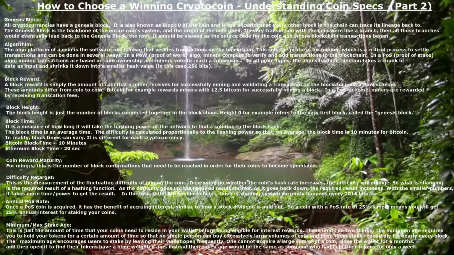The last technical spec that I wanted to mention in how to choose a winning crypto coin is the minimum and maximum stake age. This is just the amount of time that your coins need to reside in your wallet before becoming eligible for interest rewards. These limits do two things.